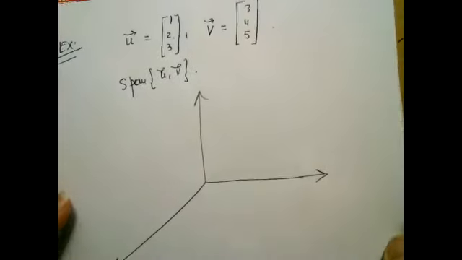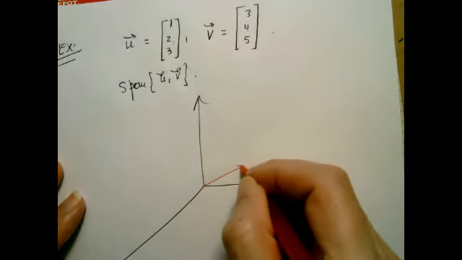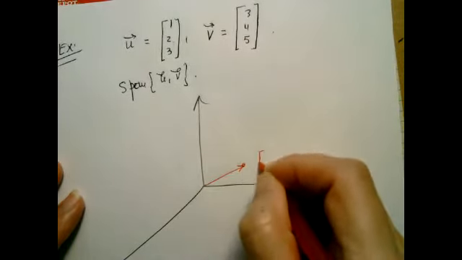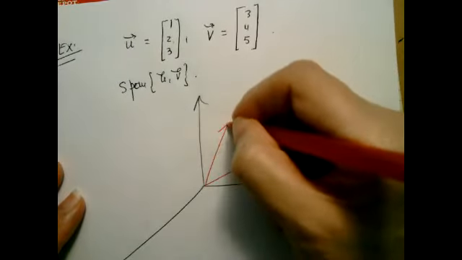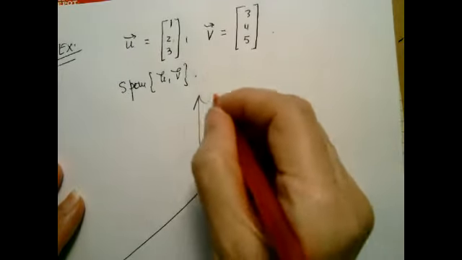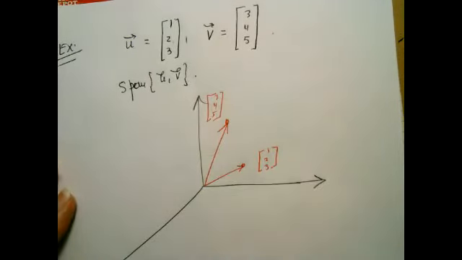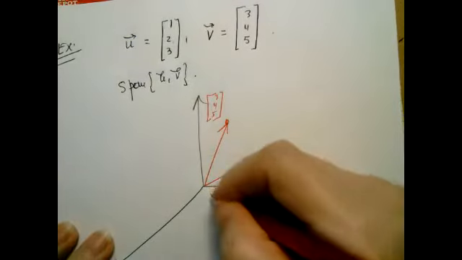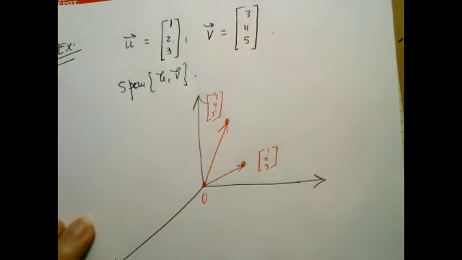I am in R3 and I have my 2 vectors. I showed them with positive components for the picture to be easier. So this is the origin, this is the tip of U, and this is the tip of V.